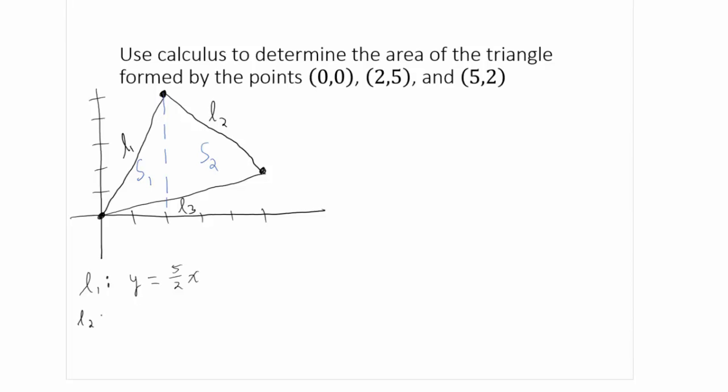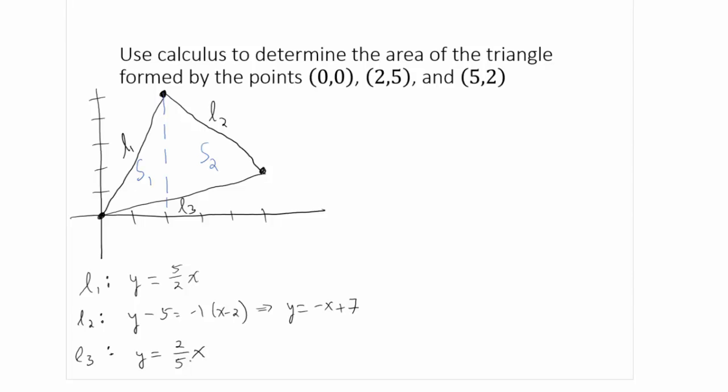So we can write it as y minus 5 is -1 times x minus 2. In slope-intercept form, that's y equals -x plus 7. Line 3 passes through the origin, and it has slope 2/5. So y equals 2/5 x.